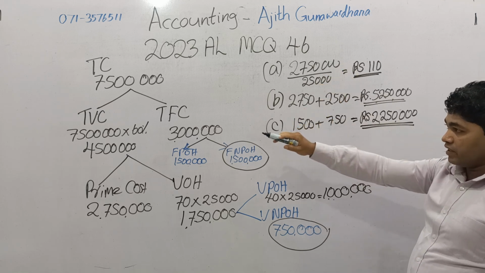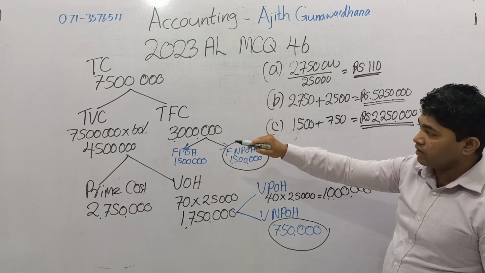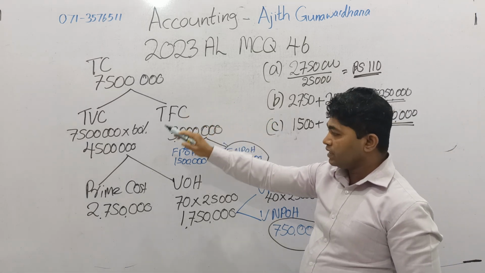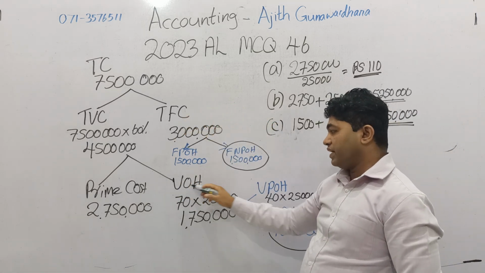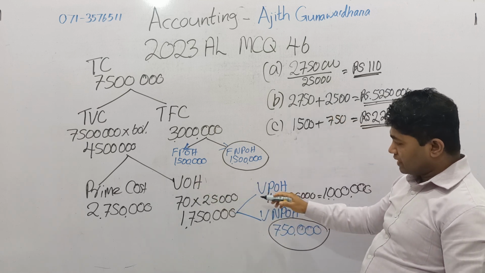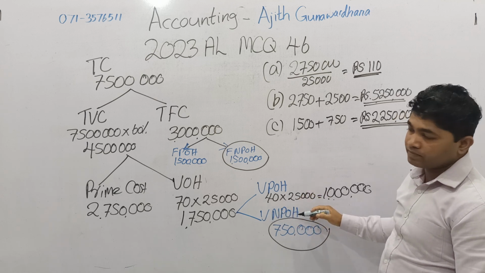Total cost can be divided into two parts: total variable cost and total fixed cost. Variable cost can be divided into prime cost and variable overheads. Variable overhead can be divided further into variable production overheads and variable non-production overheads.